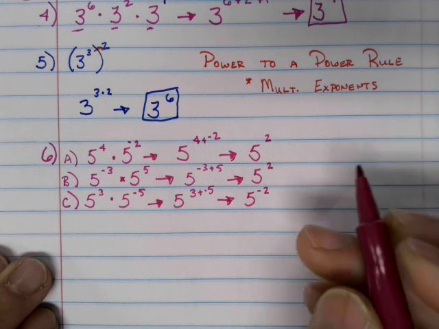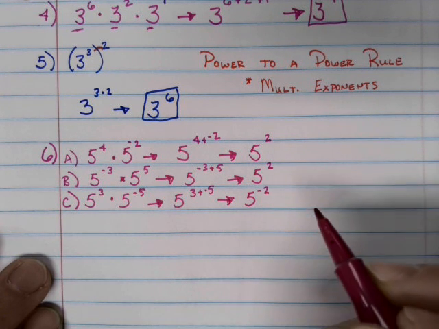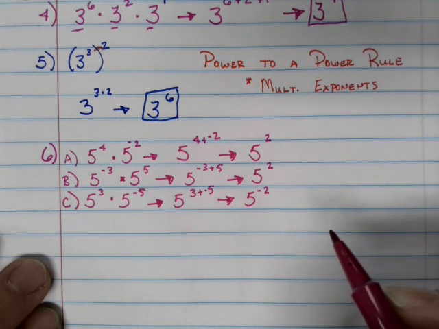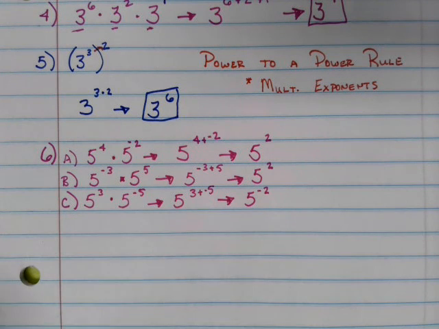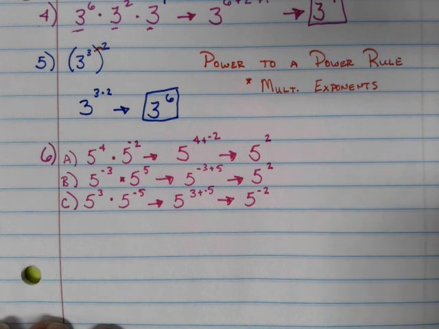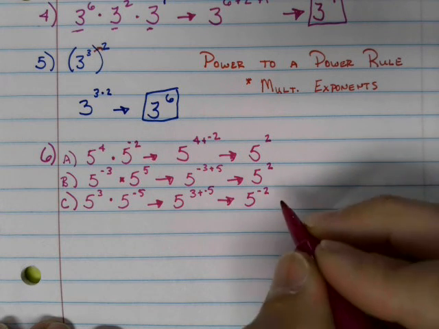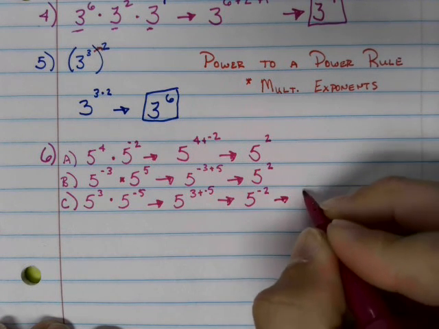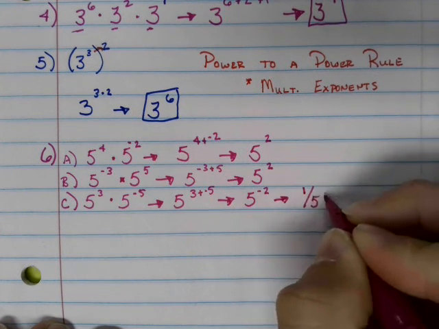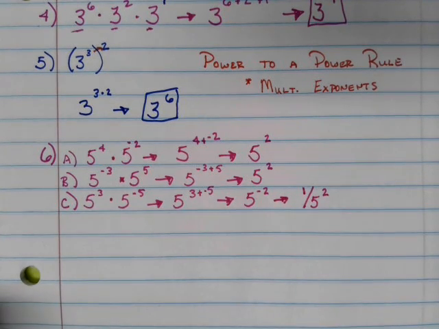So 5 to the negative 2. But to change that to a positive exponent, what do I have to do? How do we make negative exponents into a positive? We just flip it. Okay, so to change to a positive, we just flip it. So it's going to be 1 over 5 squared. Okay.